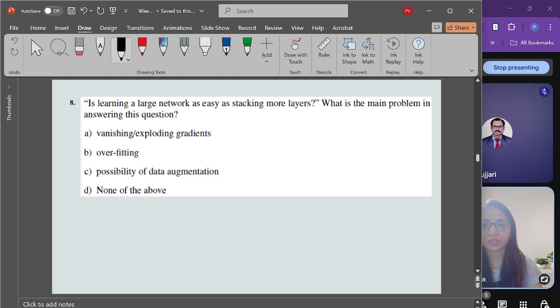Now, the next question is: is learning a large network as easy as stacking more layers? What is the main problem in answering this question? Option A is vanishing or exploding gradient. Option B is overfitting. Option C is possibility of data augmentation. Or option D, none of the above. So, try to answer this question: is learning a large network as easy as stacking more layers?